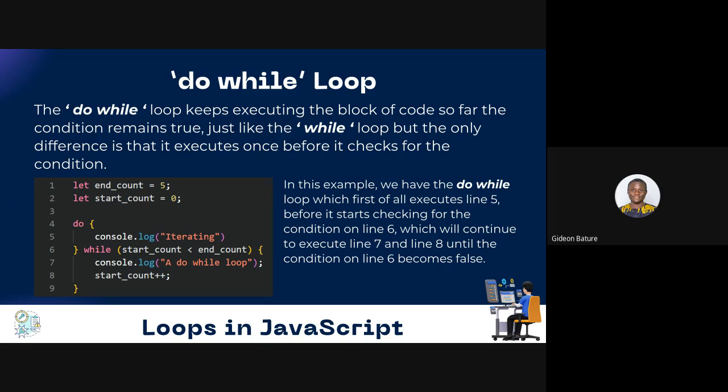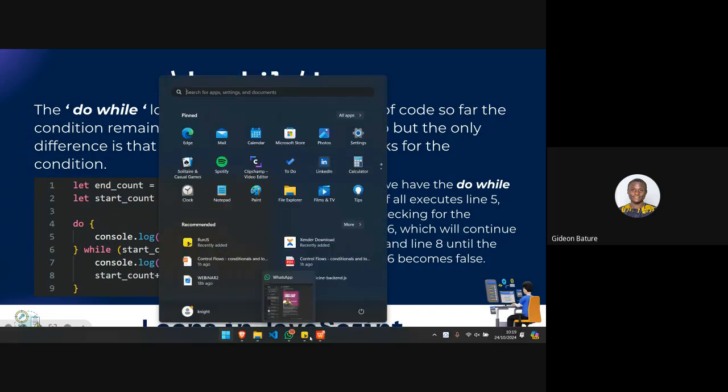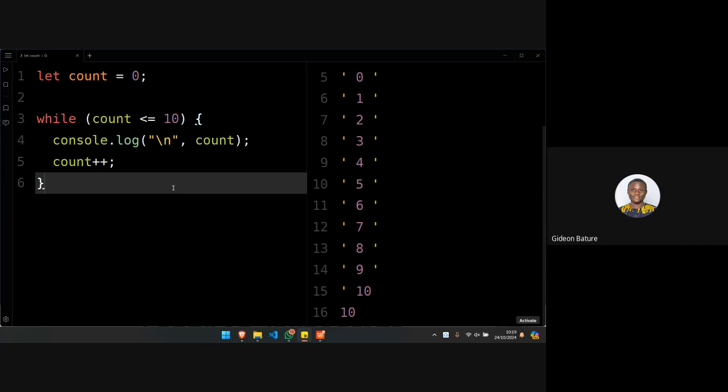So before they even start checking the bag, they have to tell you first to drop your bag on the counter. In situations like that, you can make use of a do while loop, where you need something to run at least once before you start your checking.